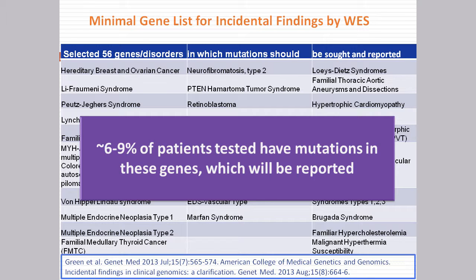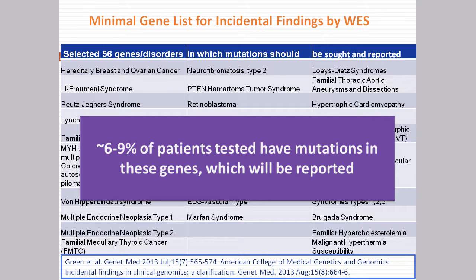So they suggested that those variants would probably be identified in about 1% of all the patients tested. Well, over time, we have learned that this percentage is quite higher, so it ranges between 6 and 9% for the different labs who reported findings. So you have to be comfortable with receiving those results when you do diagnostic exome sequencing.